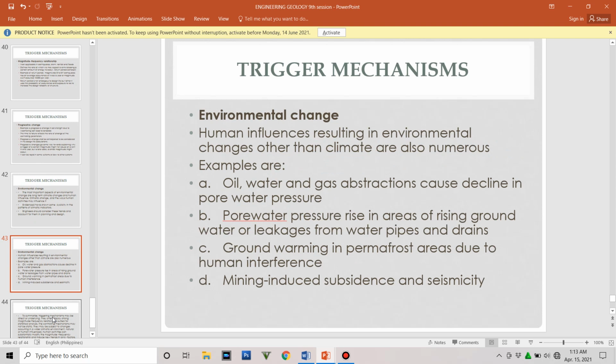Ground warming in permafrost areas due to human interference. And we also have the mining-induced subsidence and seismicity. Actually, we have been a contributor in this environmental change. So, pore water pressure is important in stability.